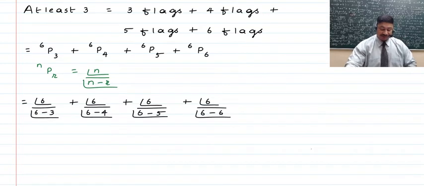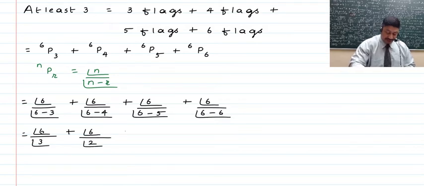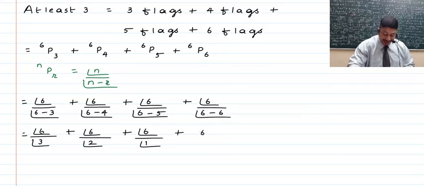To calculate this further, we can write this as 6 factorial divided by 3 factorial, plus we now have next 6 factorial divided by 2 factorial. To that then is to be added 6 factorial divided by (6 minus 5), that is factorial 1, and lastly we have 6 factorial divided by (6 minus 6), that is 0 factorial.